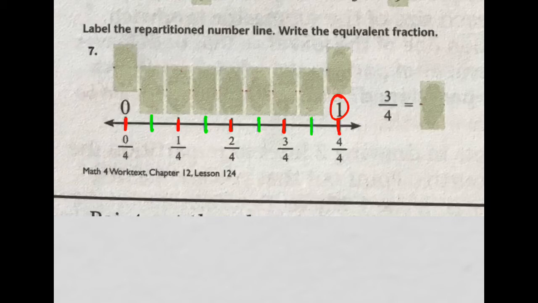These are the cuts we're putting in between. Well, let's see. Let's count from here. 1, 2, 3, 4, 5, 6, 7, 8. So these are going to be 8ths.